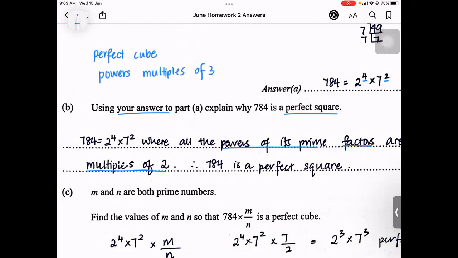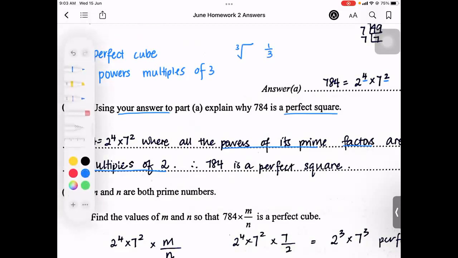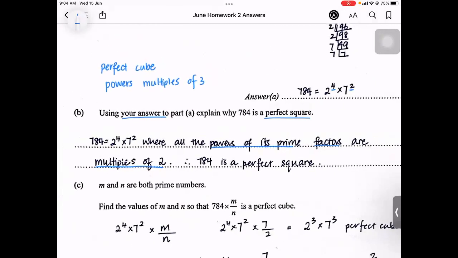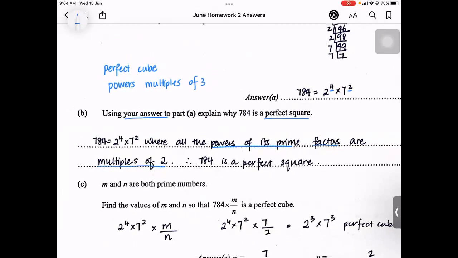Because when we take the cube root, there'll be power 1/3. That means all the powers need to be divisible by 3, hence they are all multiples of 3. So for this one, only the first answer is acceptable. All the other answers related to the square root being a whole number are not applicable.